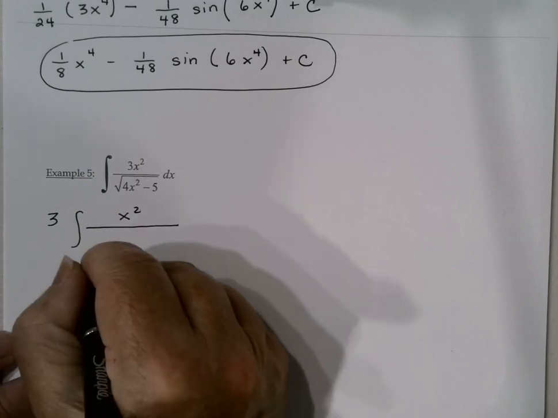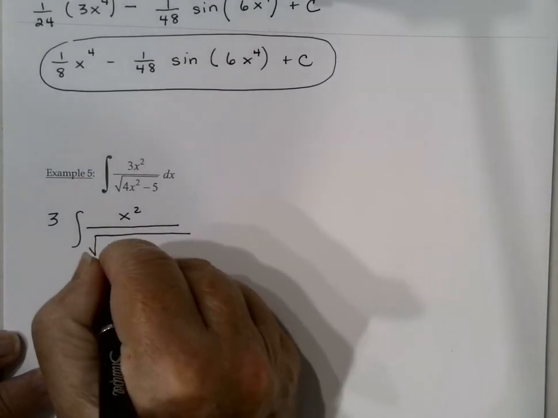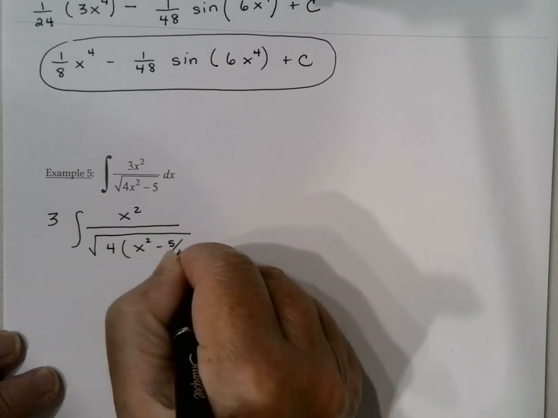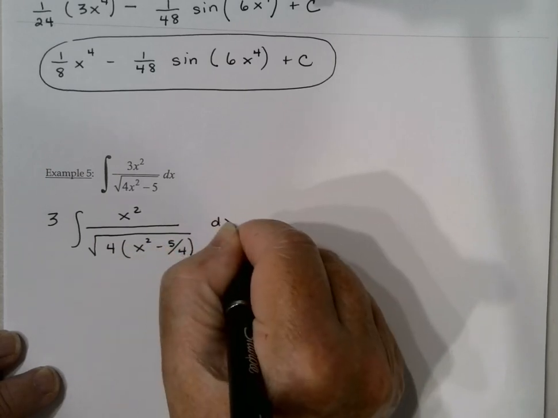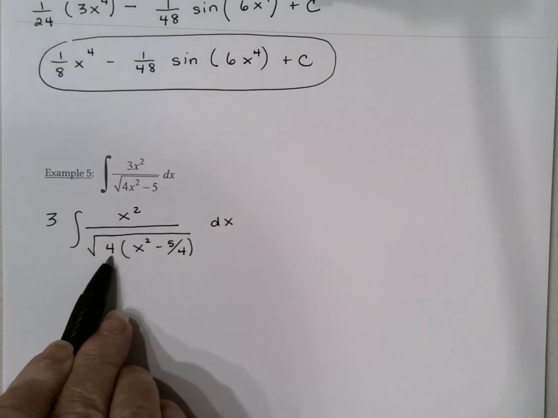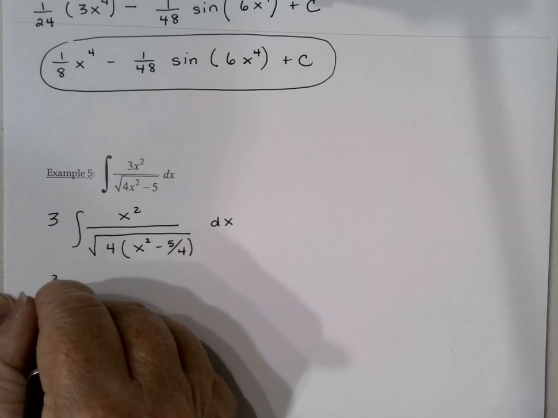I'm going to factor out the 4 and make that x squared minus 5/4. And then the square root of 4 is 2, so I'm just going to put a 2 in the denominator and pull it right out of the integral.